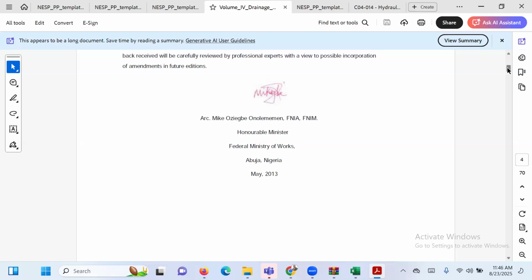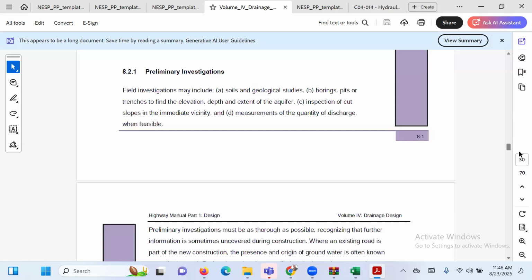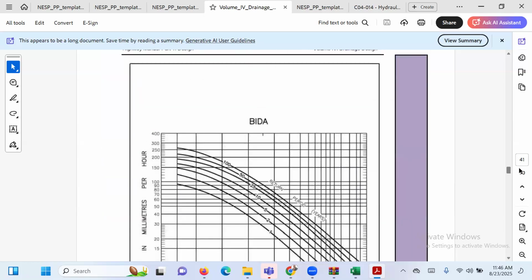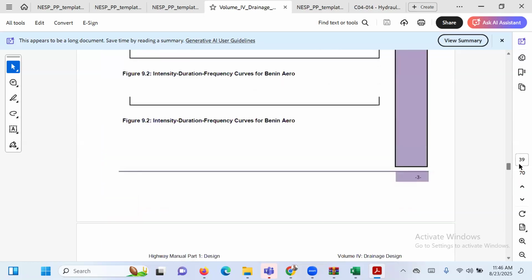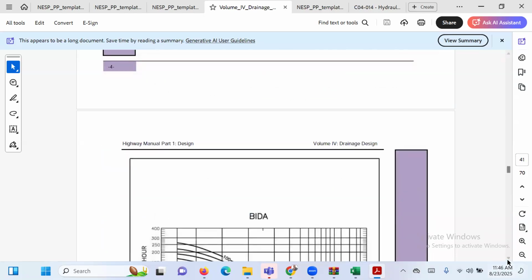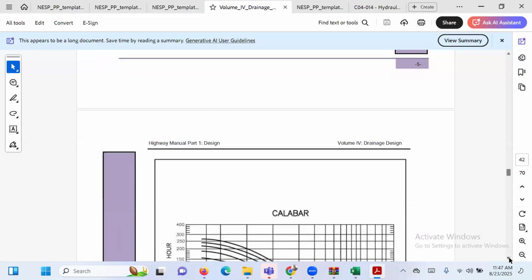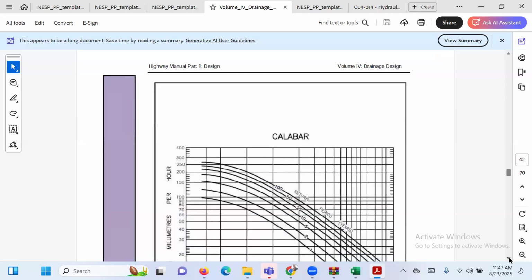So if you go through it, please, as a foundation for this course, it shows you how to read the design manual. Look at the one for Enugu. Assuming I want to do a design for Enugu now, I don't need to go to Enugu to ask somebody for rainfall data. No, the federal government has spent billions. Look at Calabar, for instance.